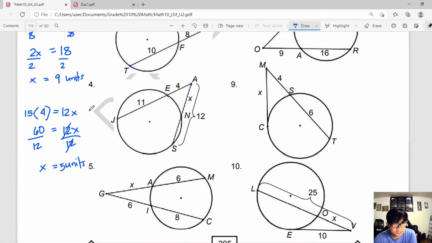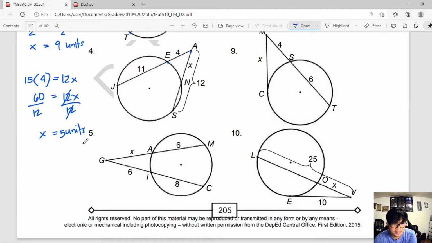Okay, let's proceed with number 5. Same as before, this number 5 is two secants that intersect outside of the circle. So how can we solve this? First, what is the length of this secant, M to G, or G to M?